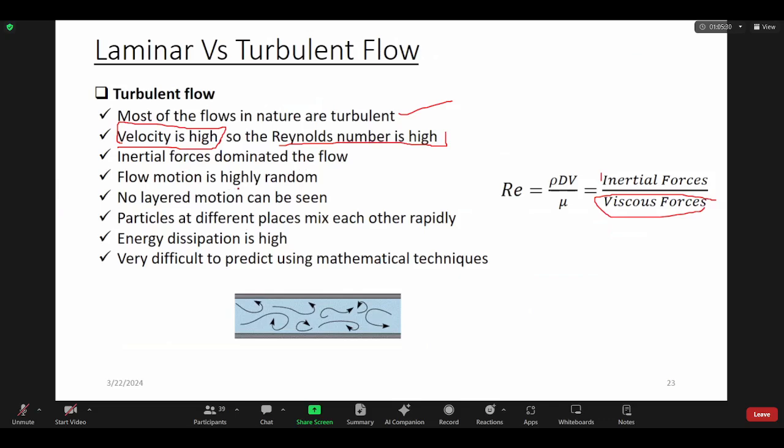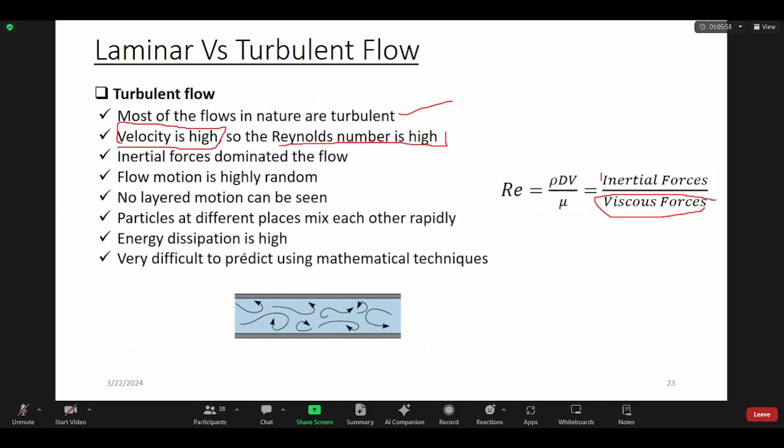Flow motion is highly random. No layered motion can be seen. Particles at different places mix with each other rapidly. Energy dispersion is high. It is very difficult to predict using mathematical techniques.